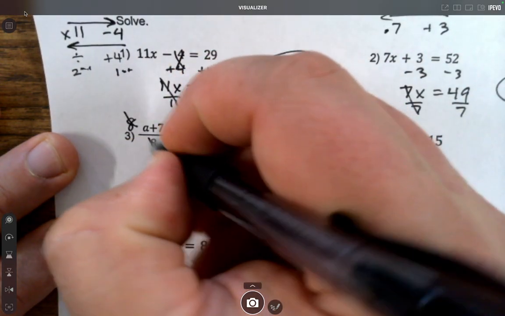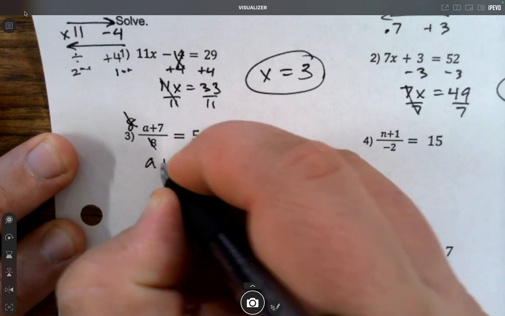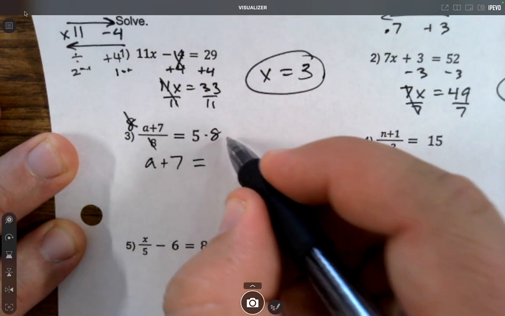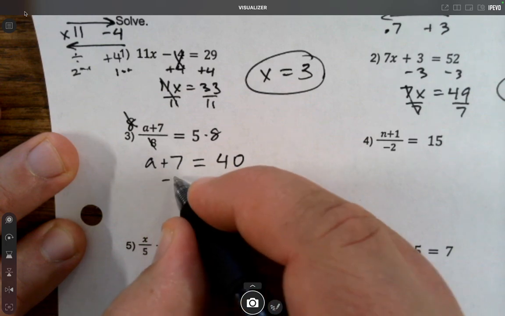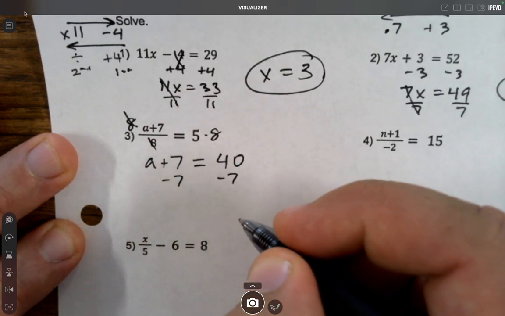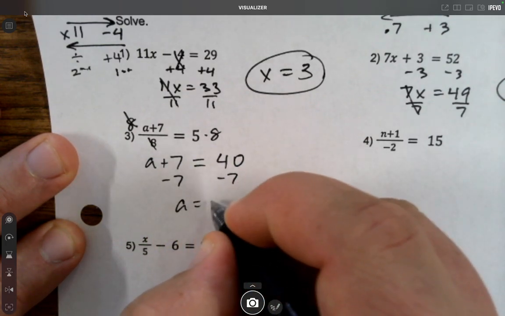So these cancel out, leaving just a plus 7. 5 times 8 is 40. So now all that's left is to get rid of the 7. So we subtract 7 from both sides and get a equals 33.